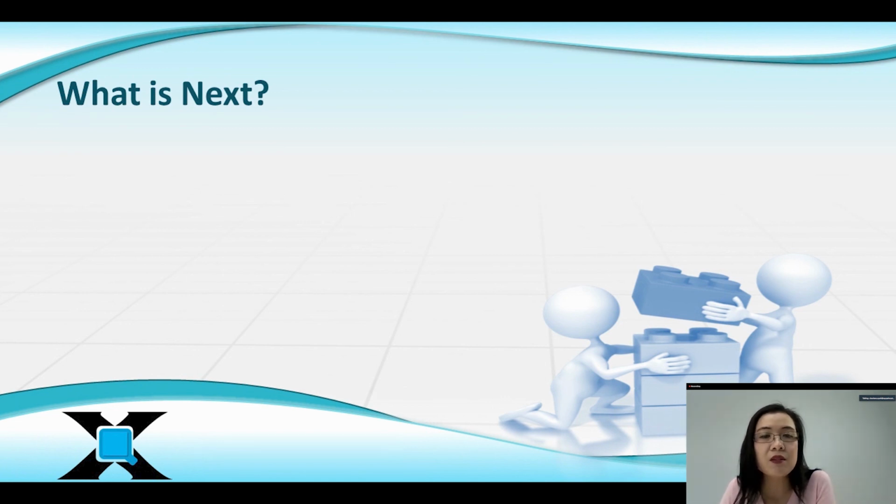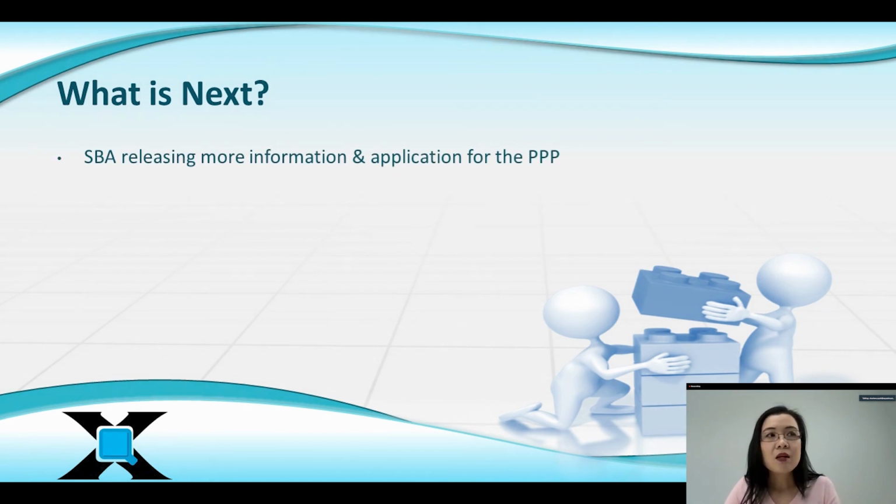Of course, beyond the $10,000, what is common right now is that the SBA is also going to release more information and application for the PPP. And the CARES Act is saying that if you continue to hire your workforce and if you don't lay off or have salary cut drastically, then you can get loan forgiveness up to 8 weeks.